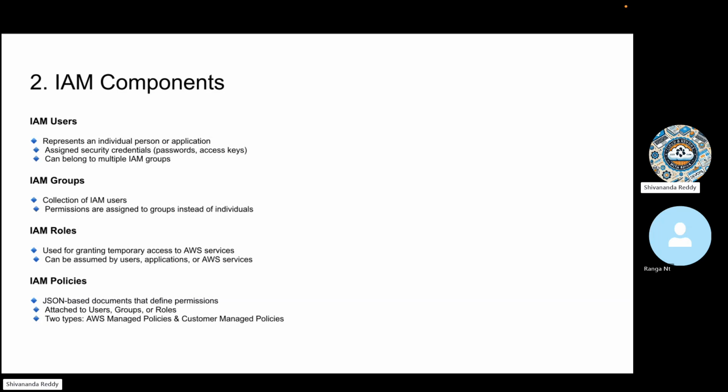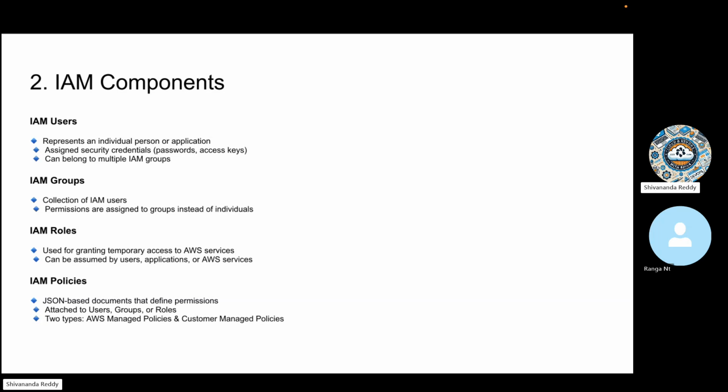Inline means look at the word: inlined with a user, group, or role. For example, for user Suresh, in Suresh only I can create a policy that is applicable to Suresh only. If I create it for a group, it is applicable for that group only, and if it is applicable to the group, everybody who is part of the group can access it.